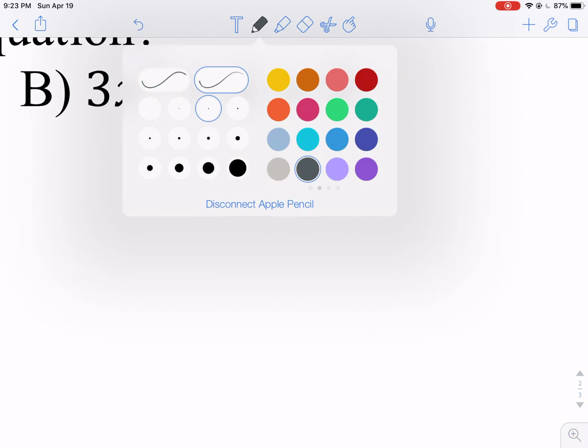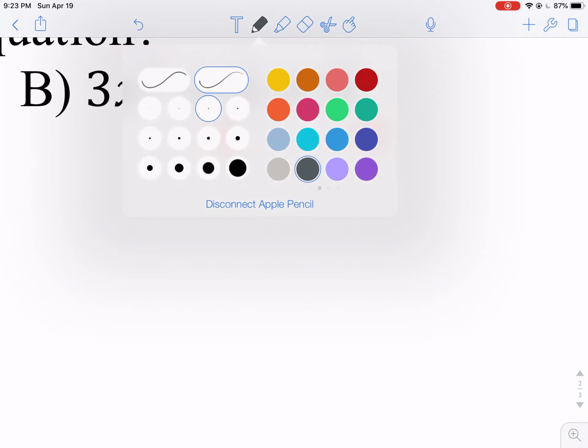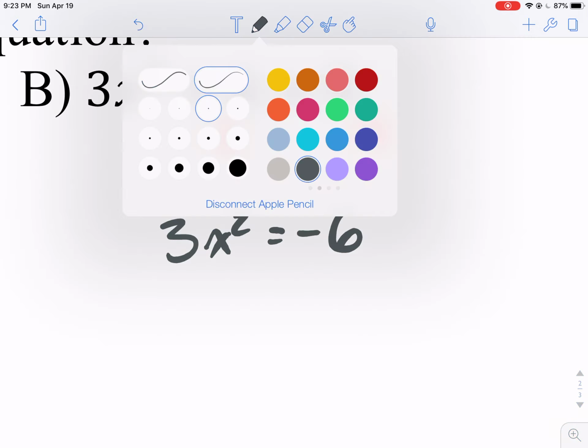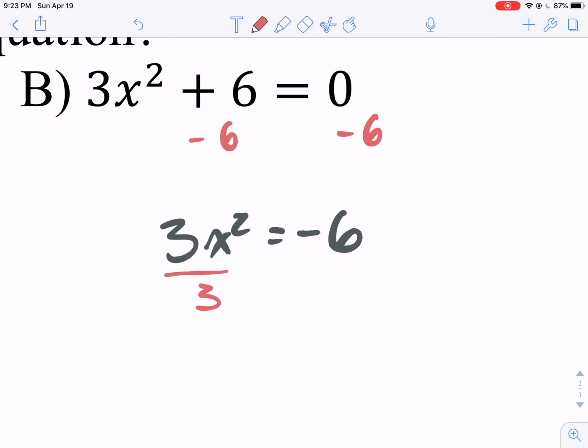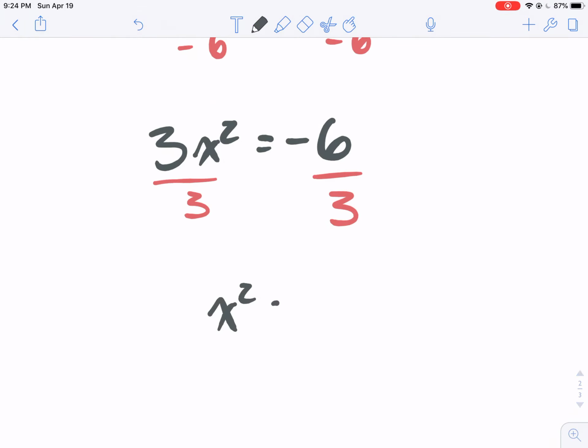Let's solve this guy. First, we want to subtract 6 from both sides, and that gives us 3x squared equals negative 6. Cool, so far so good. Now we've got this 3 here, so to undo 3 times, we're going to divide by 3. And that gives us that x squared equals negative 2.